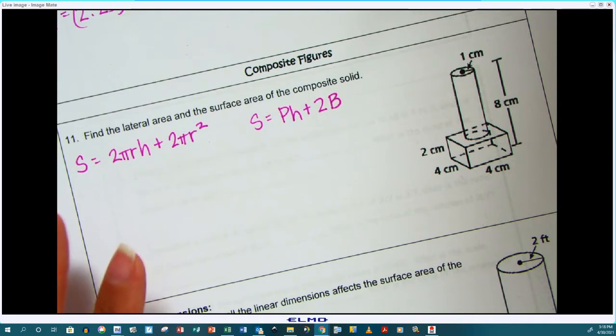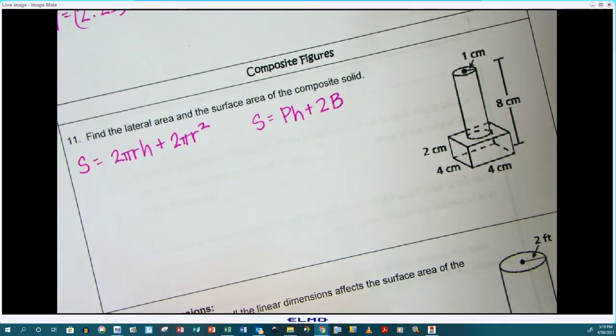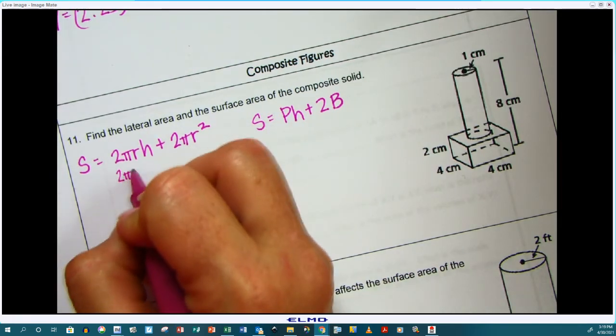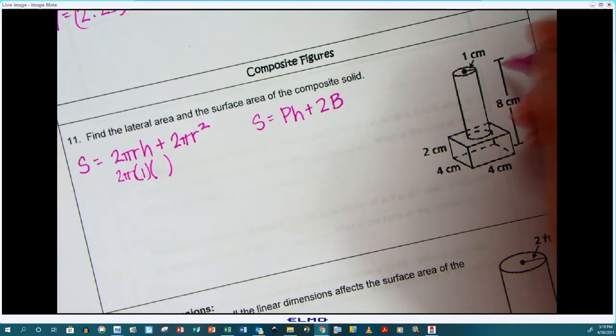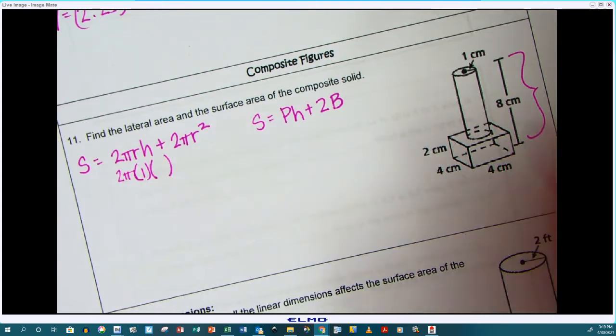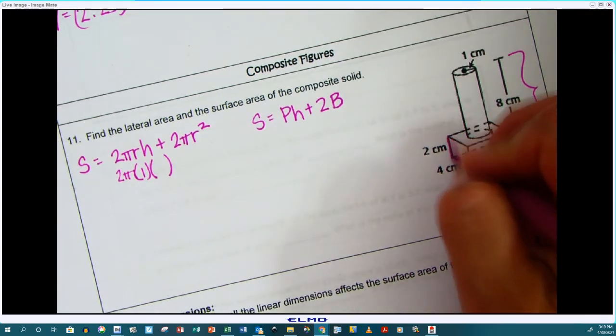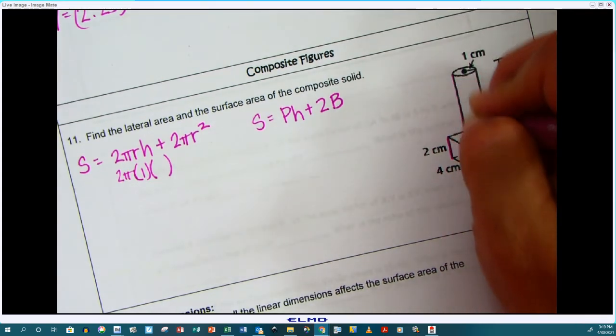So let's just do the cylinder first because they are so much easier because you only need a radius and a height, okay? So 2 pi r, which is 1, and then our h. So the whole thing from top to bottom is 8, but it's 2 up to this point. So that makes the height 6.